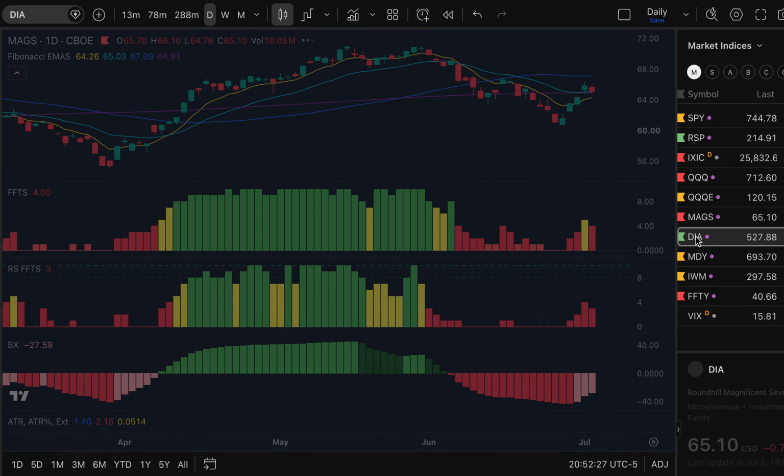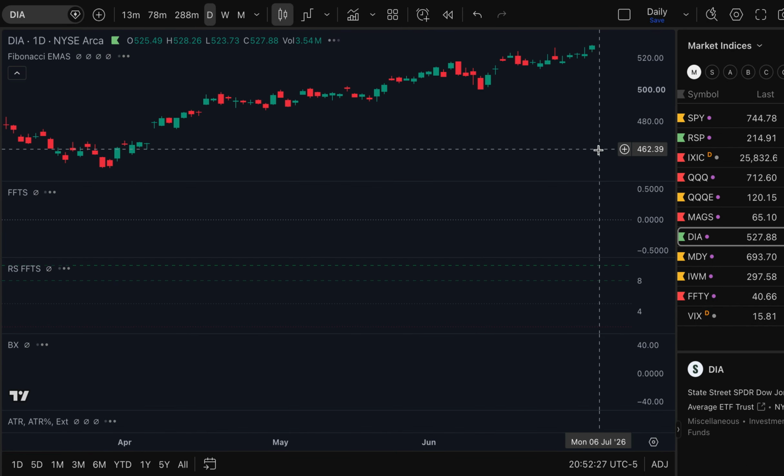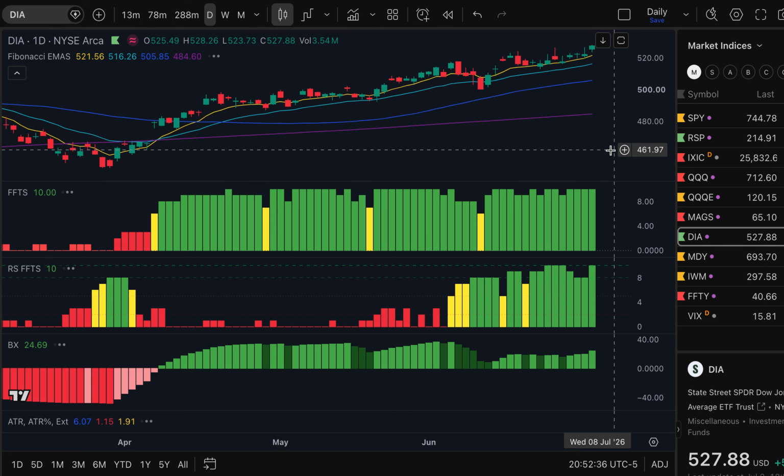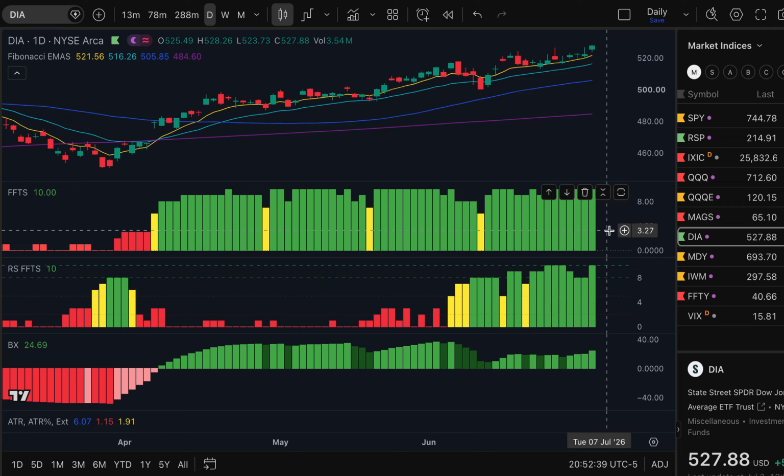The Dow Jones Industrial Average. Looking perfect, 10 out of 10 on trend stack and relative strength, and momentum is positive.